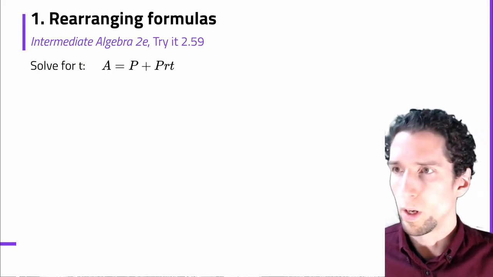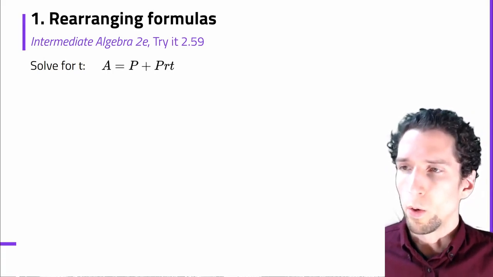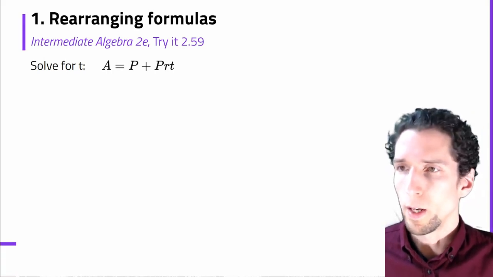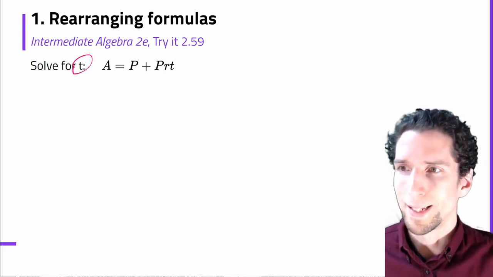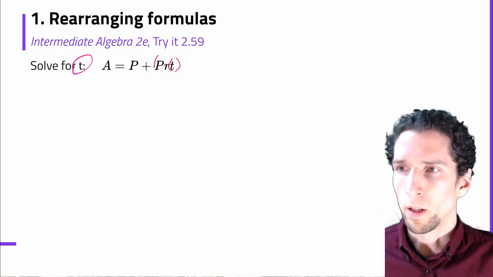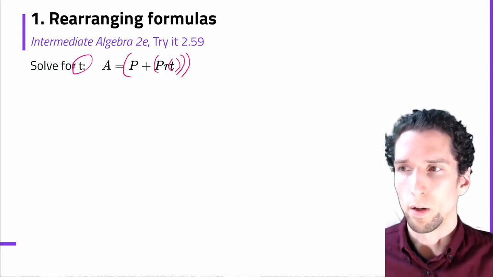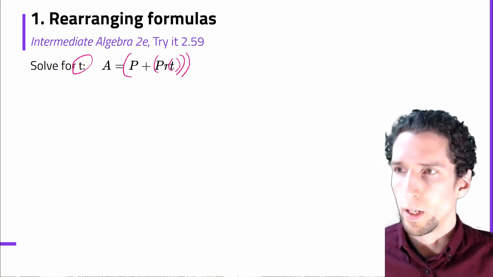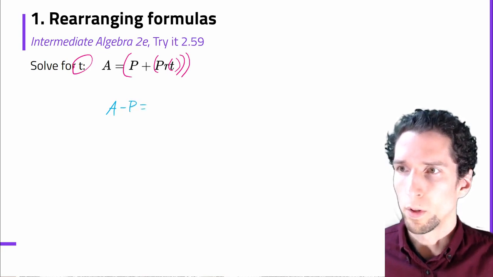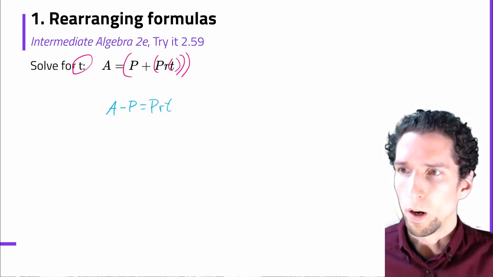And this one here, a equals p plus prt, and we are solving for t, it's asking. So here's our t, and then this times pr, and then plus p here. That's our order. So first line here, it will be a minus p equals prt.